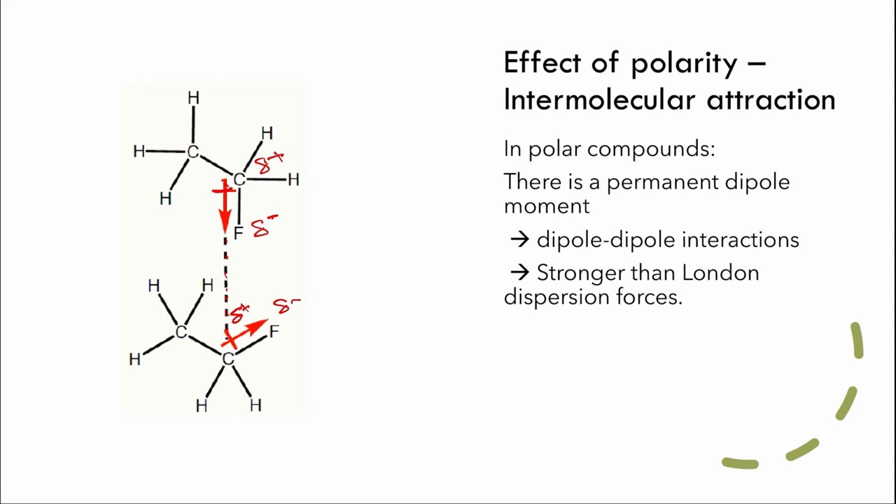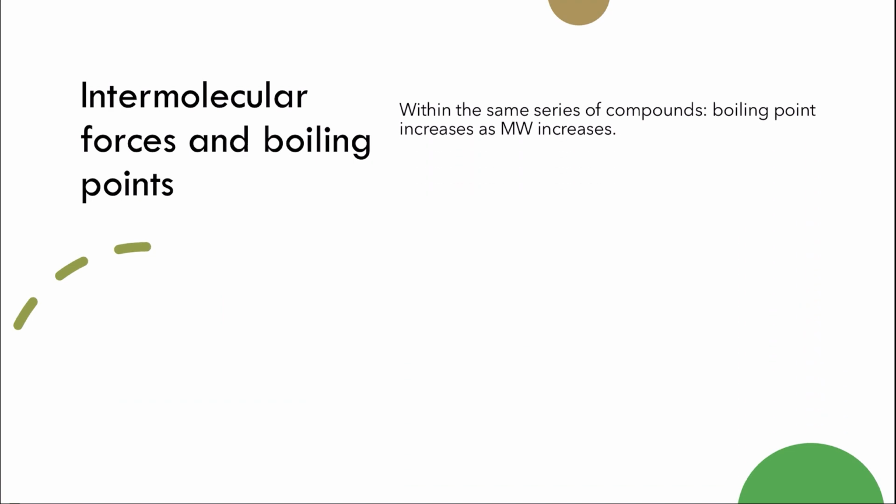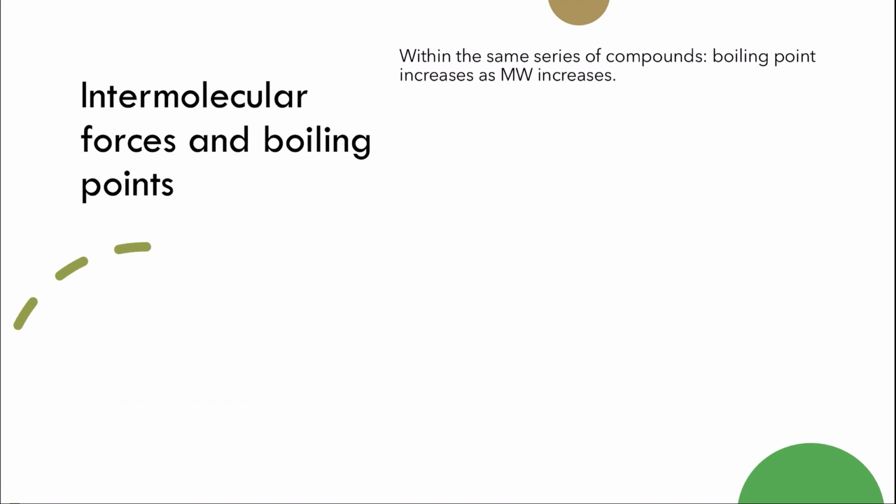This is why haloalkanes or halogen alkanes have higher boiling points compared to the alkanes. Compared to alkanes, they have higher boiling points and melting points. So the intermolecular forces will affect the boiling points. Within the same series of compounds, for example, for different alkyl halides, the boiling point will increase as the molecular weight increases.